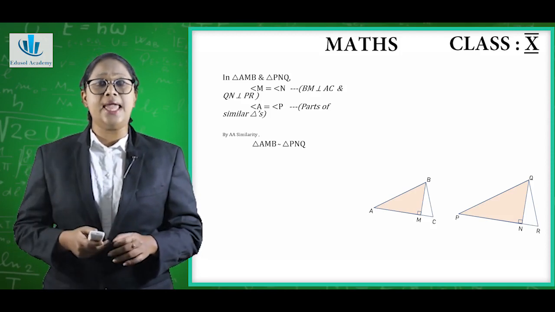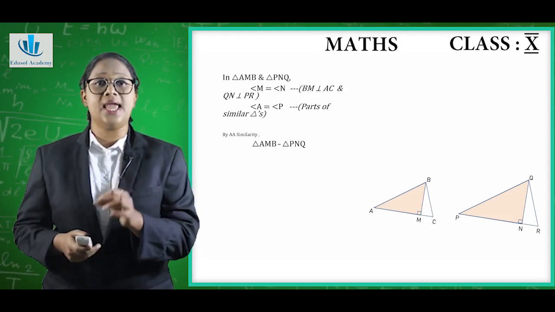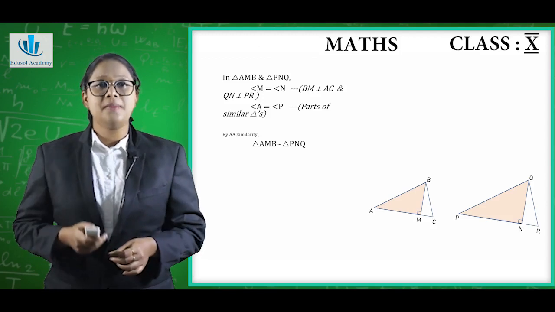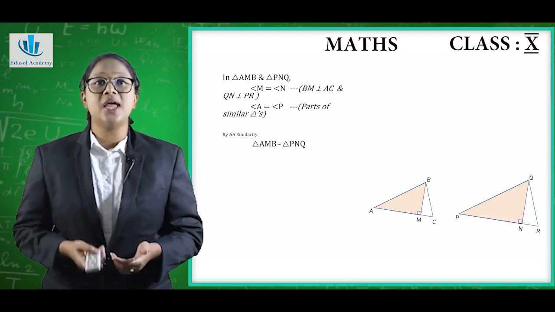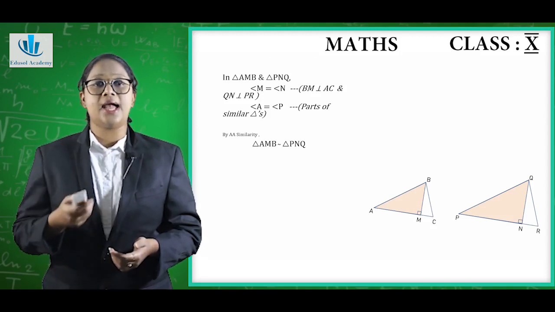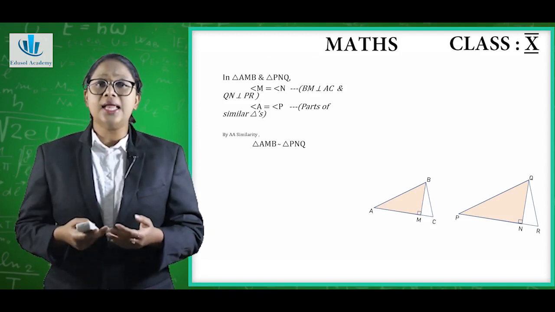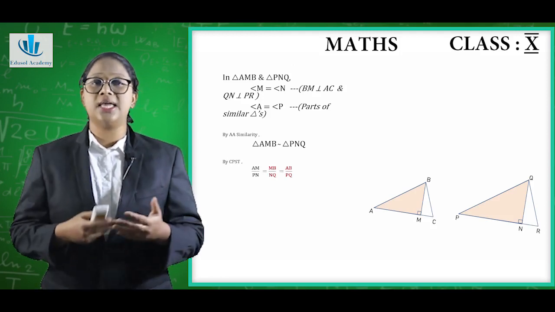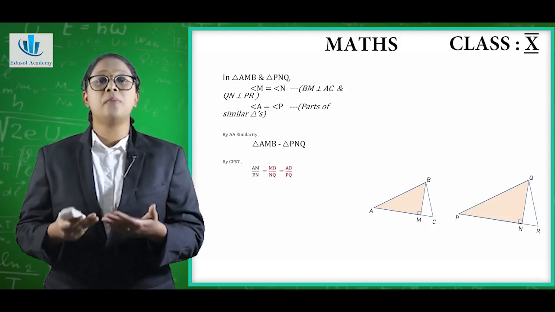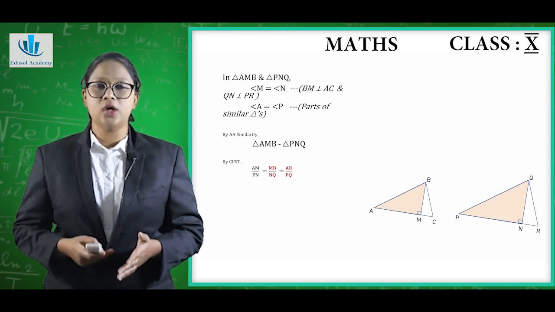In triangle AMB and triangle PNQ, angle M and angle N are equal, they're 90 degrees by construction. Now angle A and angle P are already parts of the similar triangles ABC and PQR, so by default they will already be equal.